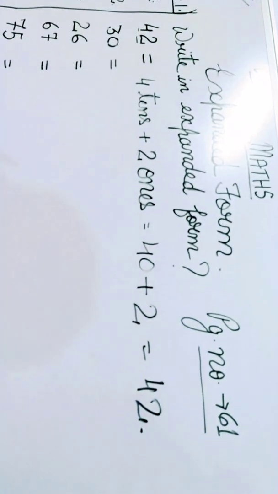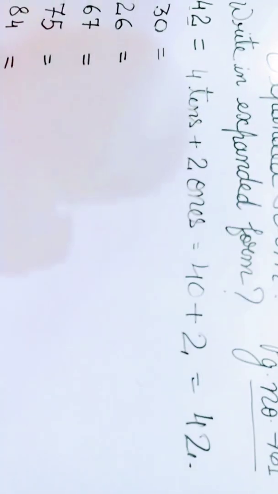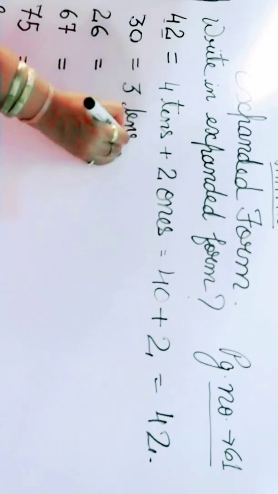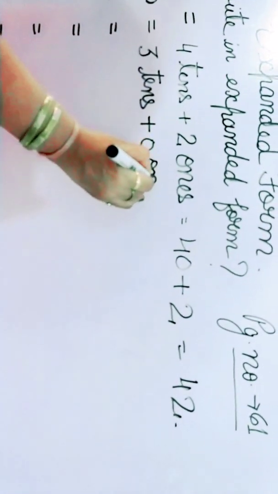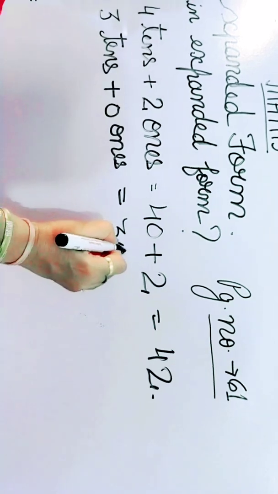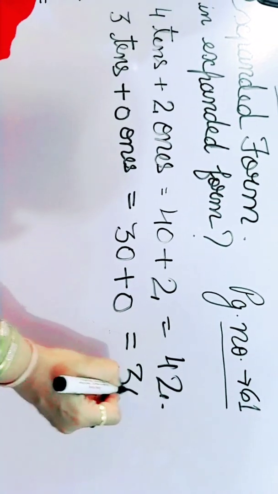Understood? This is tens and this is ones. Now see 30. 3 tens plus 0 ones is equal to 30 plus 0. So it is 30.